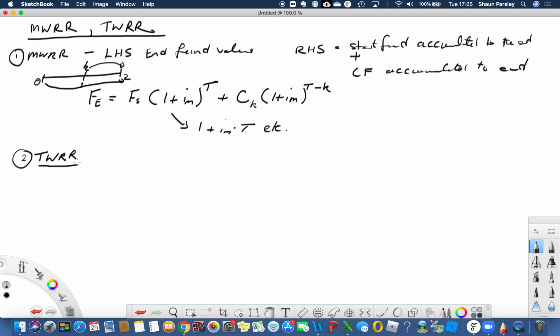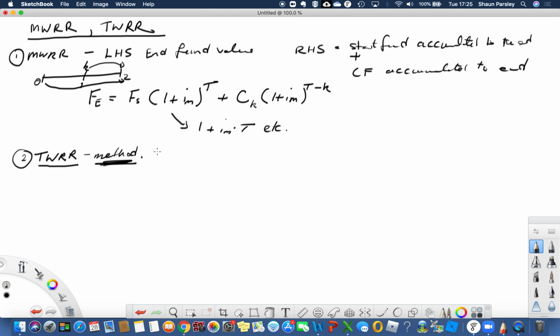So I'll explain why, but I'll explain first of all what we're trying to do with this time-weighted rate of return. The key thing really is the method. It's so important. You can't just learn a formula for it, for the reasons I'm going to talk about.